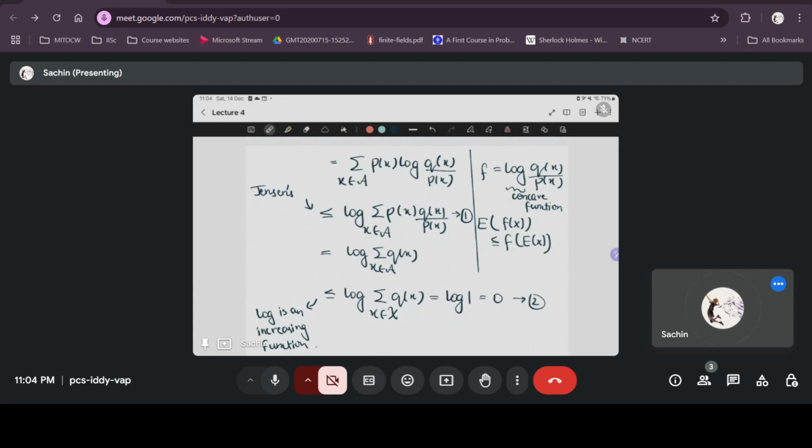And here, when we use Jensen's inequality, the random variable X was actually q(x) over p(x). So this is the expected value of log of X, where X is q(x) over p(x), and the expected value of f(X), where f is equal to log.